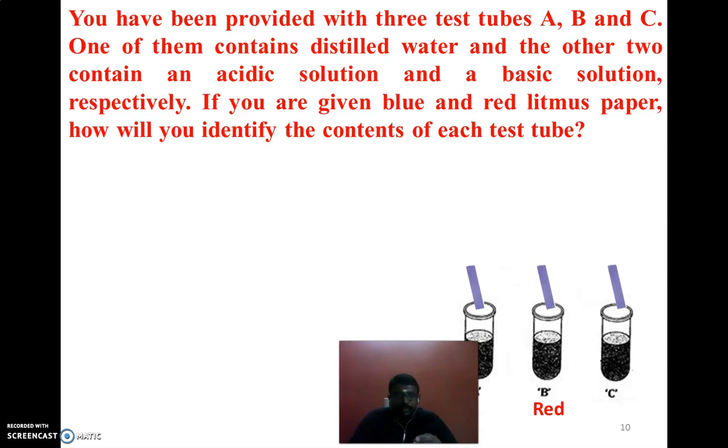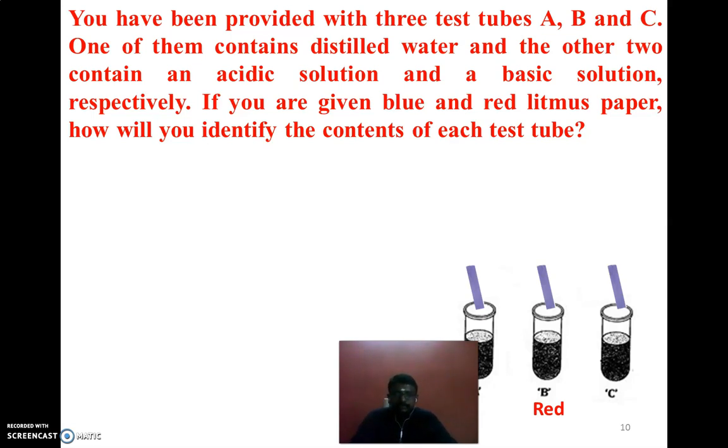If you are given blue and red litmus paper, how will you identify the content of each test tube? So we are given blue litmus paper and red litmus paper with the 3 test tubes: one is distilled water, another is an acidic solution, and another contains the basic solution. How do we identify them?